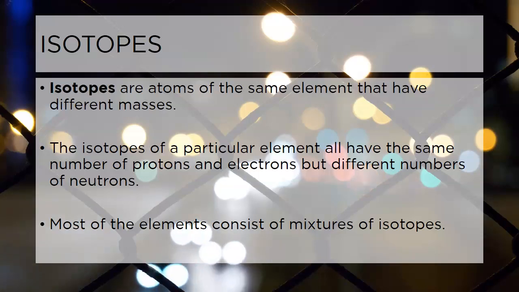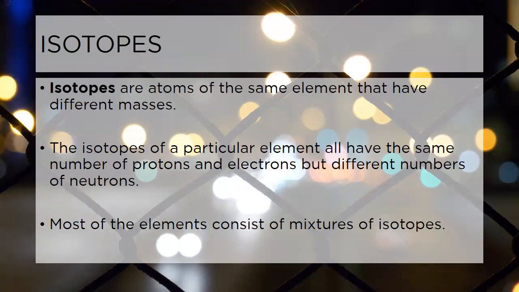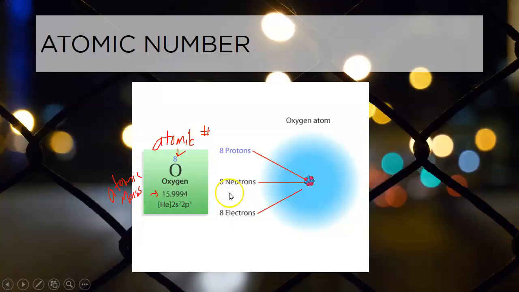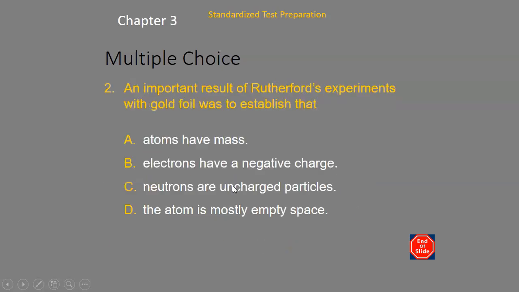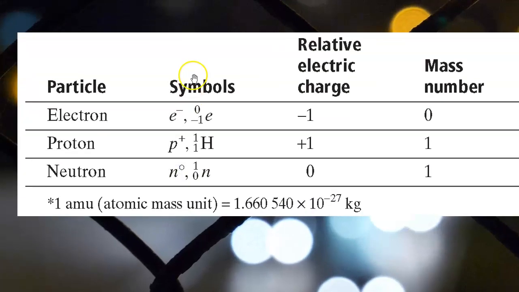But isotopes are atoms of the same element that have a different mass. And if we go back, what would be causing that different mass? If it's the same element, what do you think?